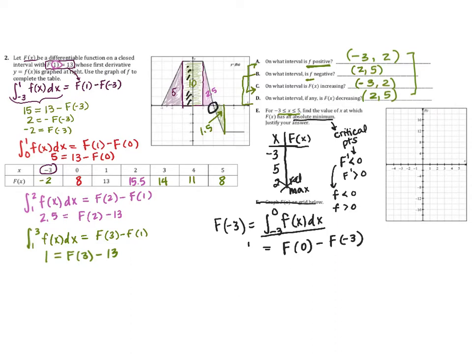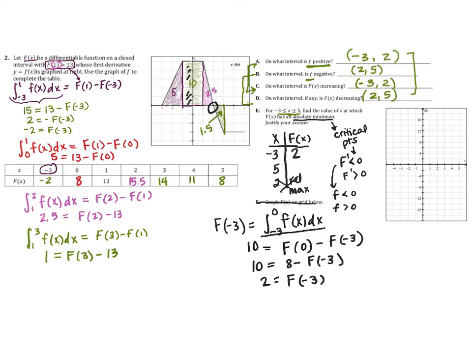So that's going to give us 10. And so we know f at 0 is 8. So we're going to have 10 equals 8 minus f at -3. And so if we subtract, it looks like we're going to get a positive 2 for f at -3.